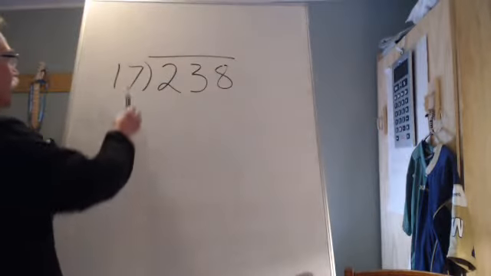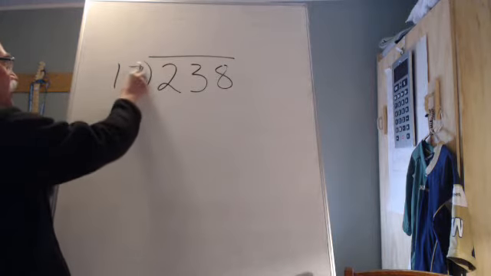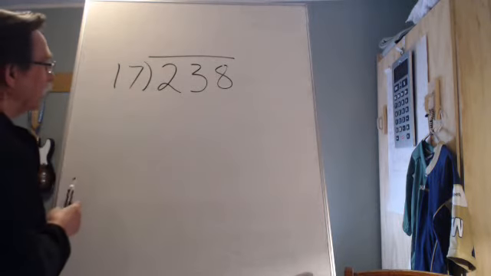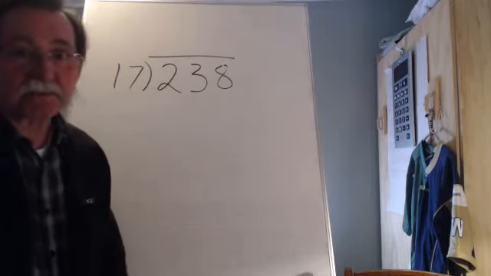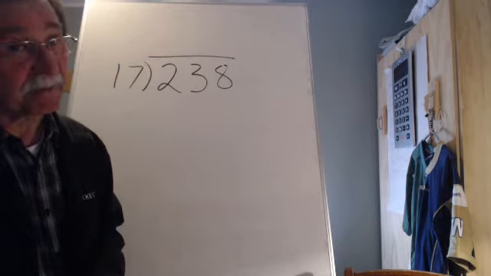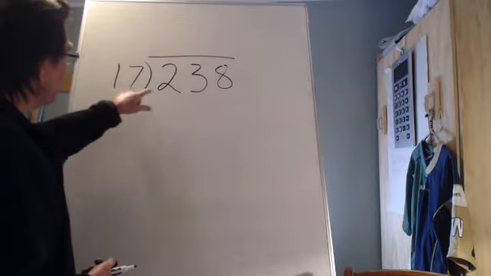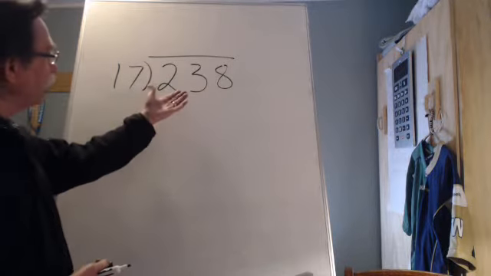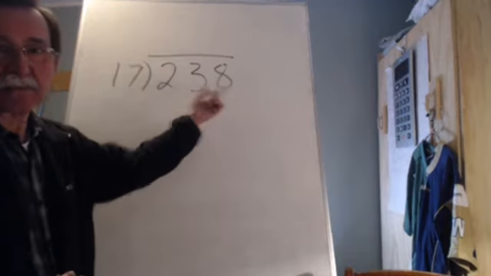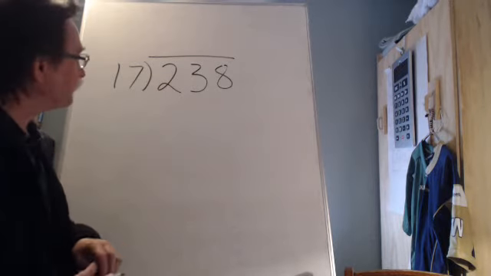So here we have the problem. We have to take this number 17, this whole thing. Ooh, none of us know our 17 times tables, I wouldn't think. So we have 17 into 238, also known as 238 divided by 17.